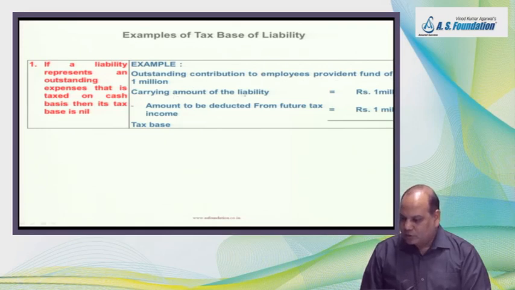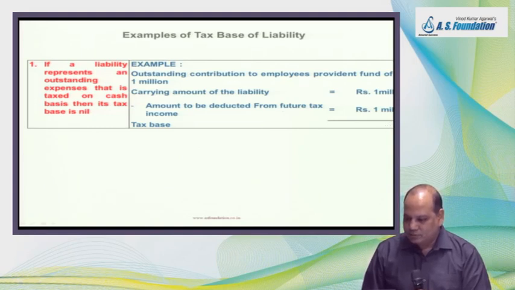Carrying amount of the liability is 1 lakh. Amount to be deducted from future taxable income is rupees 1 lakh. So therefore, tax base is nil. By this example, I think the example is mismatching. This example, write down, refer example, question number 15.